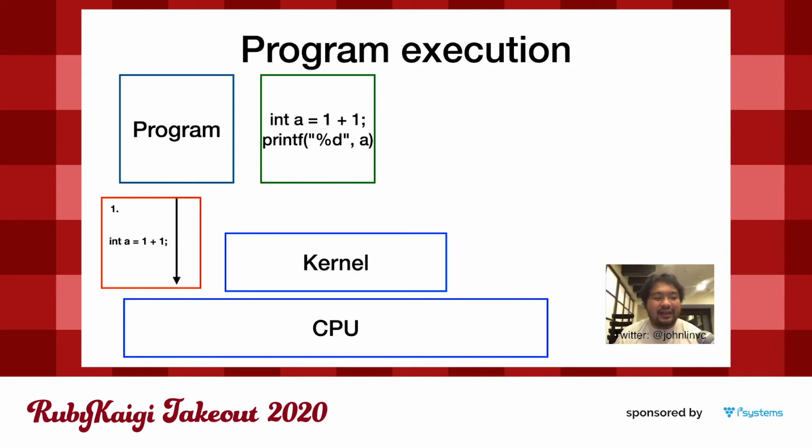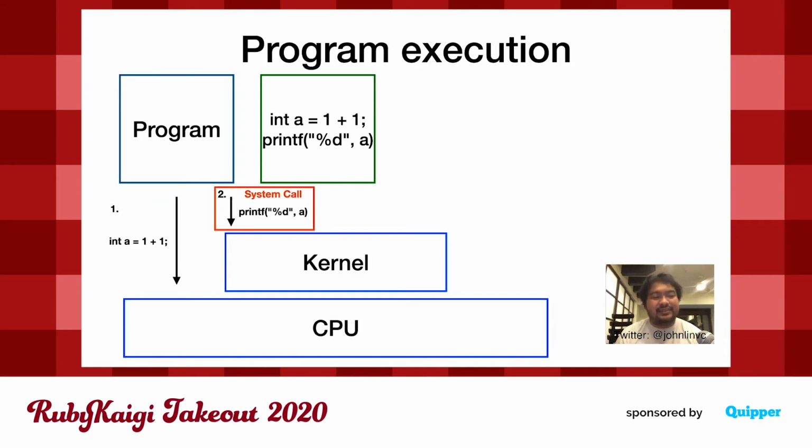So the first thing in the program execution is that you do 1 + 1 and assign it to a. This doesn't have any system calls, so it goes directly to the CPU. The second line is the printf.